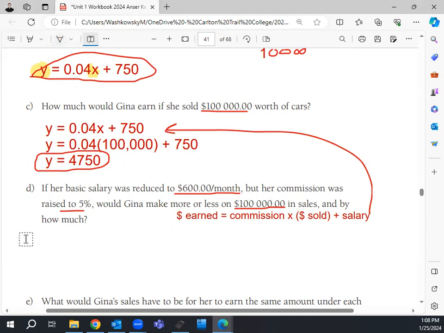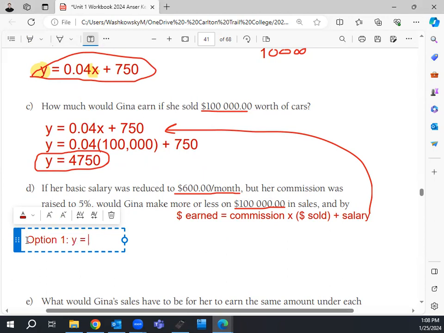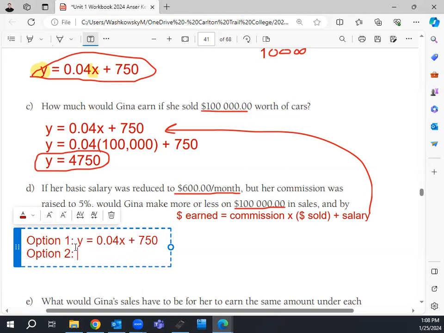We now have two different potential salary options, right? So we have option one, her money earned, which we've said is Y, is equal to her commission. So we have her original rate here, the 0.04x plus 750. Nothing has changed there. That's just my formula. But option two, what's different?